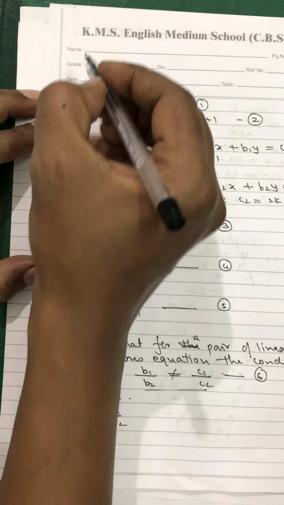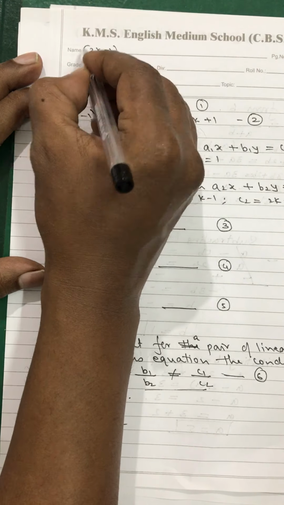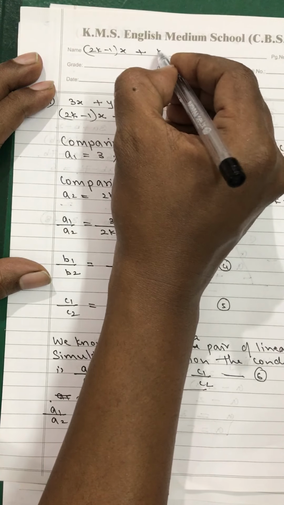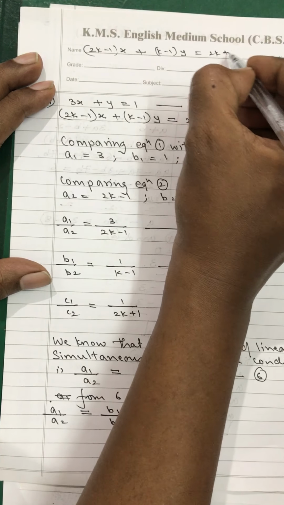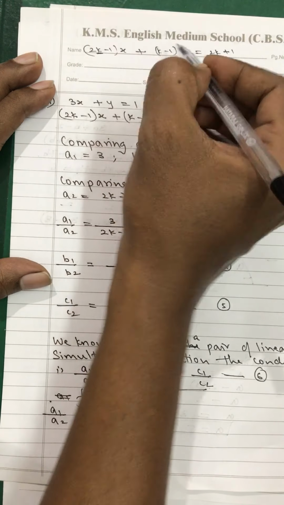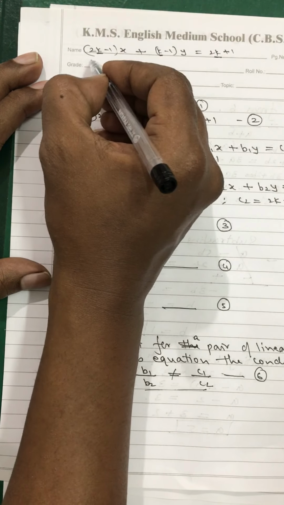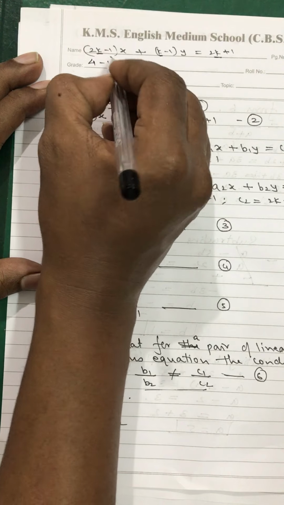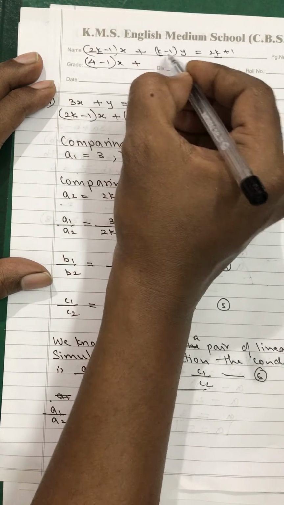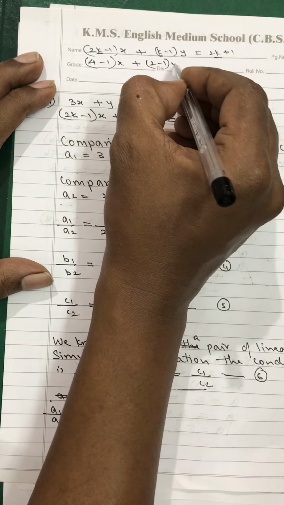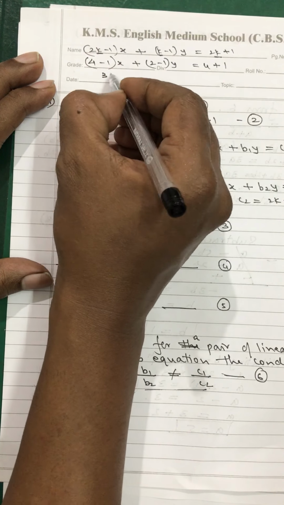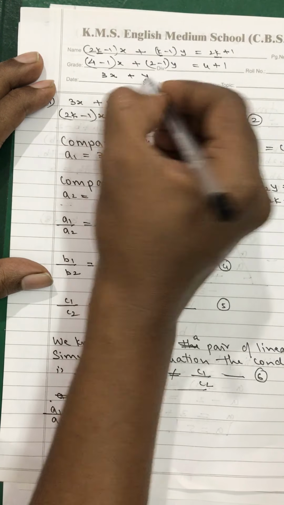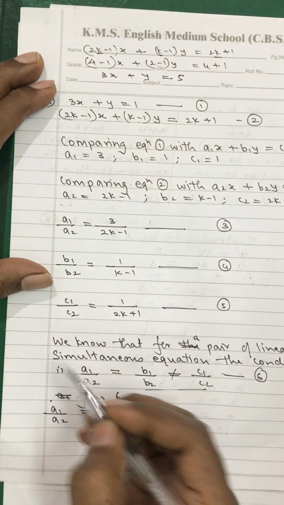So here 2k minus 1 x plus k minus 1 y is equal to 2k plus 1. If I substitute the value of k, 2, I get 4 minus 1 x plus 2 minus 1 y is equal to 4 plus 1. So what do I get? 3x plus y is equal to 5.